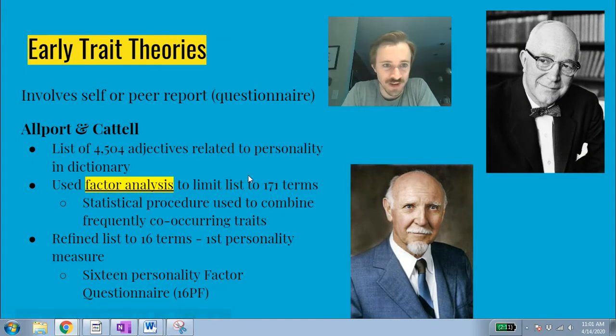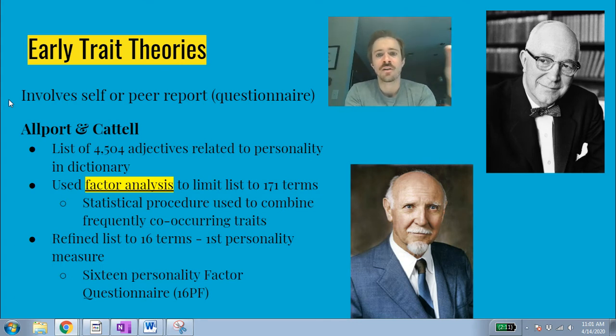The earliest trait theories came from psychologists Allport and Cattell, and they used a statistical technique called factor analysis. We've talked about this a couple of times before, but it looks for correlations across large amounts of data, in this case across questionnaires.